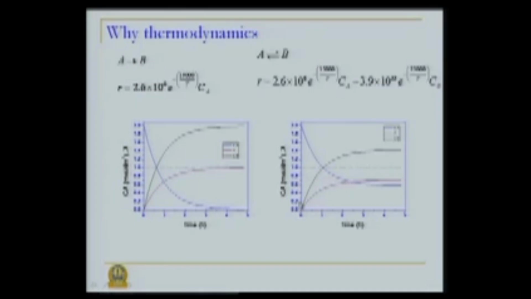Same thing is reflected in value of B also, and that of conversion. Conversion is increasing from 0, but it is not saturating at value of 1 as was the case over here. It is saturating at some intermediate value roughly about 0.6, 0.7, 0.72 or something of that order of magnitude.